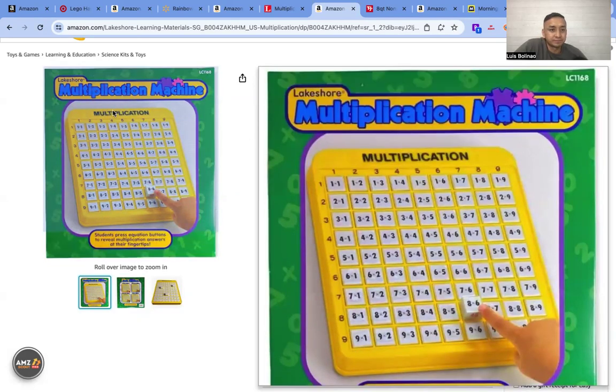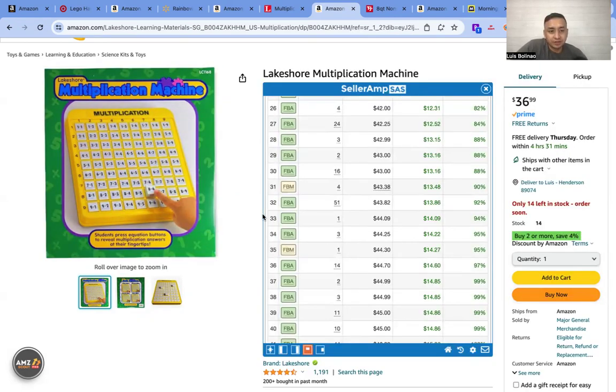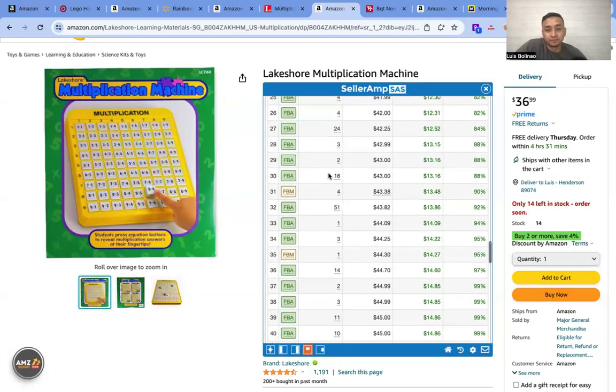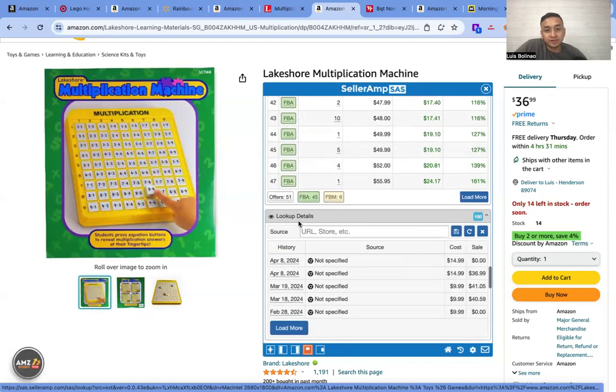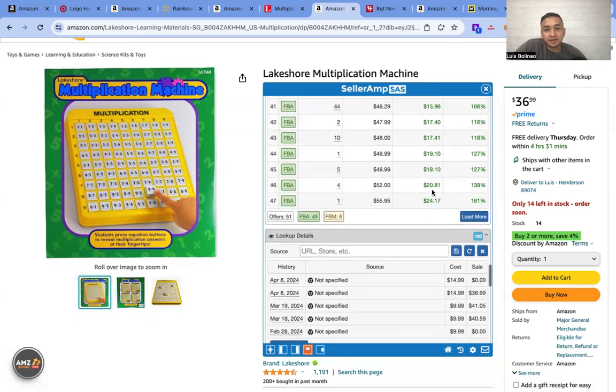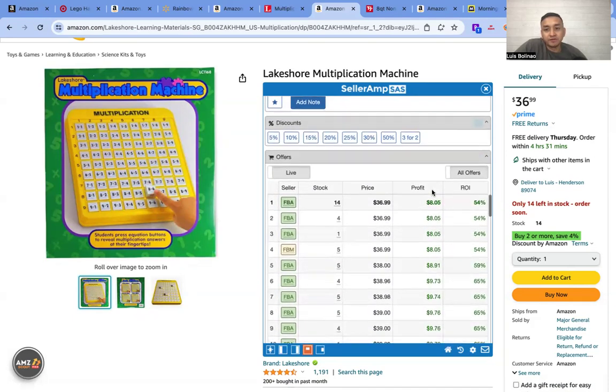So DMs a no. Type in the chat. So 185 sales a month, and there's 51 sellers here, and you're getting a minimum of 54% ROI. So John said, there is a lot of sitting on the shelf there. I would probably watch this and try next month once stock is down. I agree.